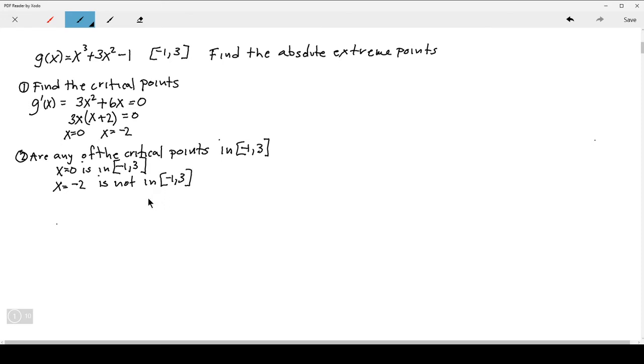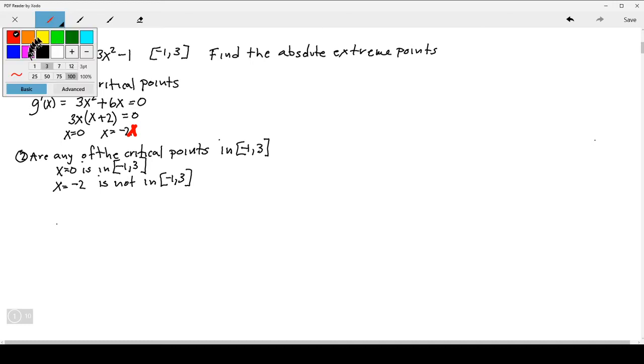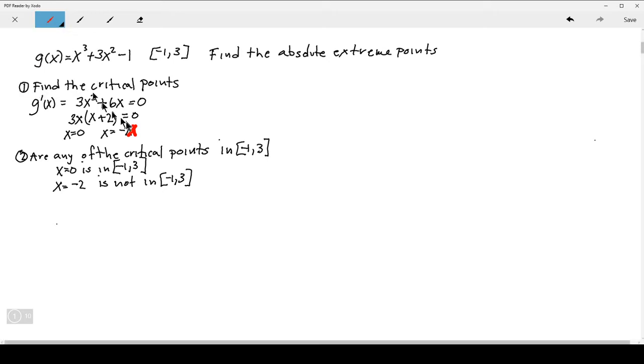Any point that's not in the interval, we're going to discount. So for x equals -2, up here, we're going to cross that. Let me make that smaller. I don't like that being so big. So we're going to discount that one.